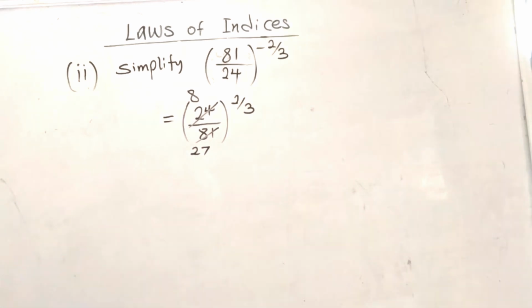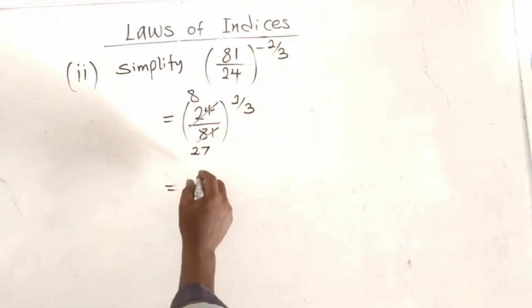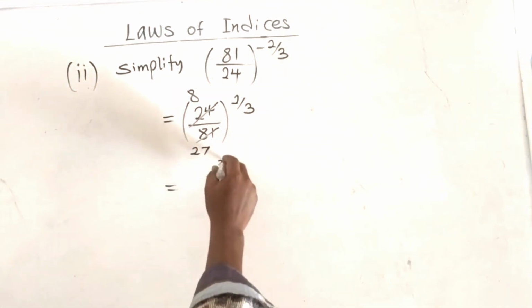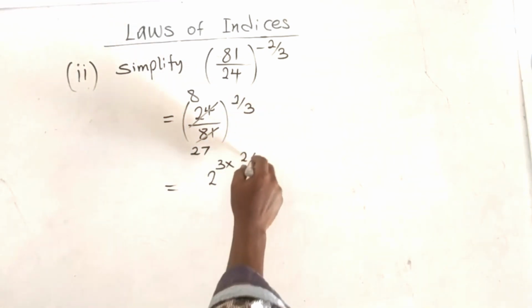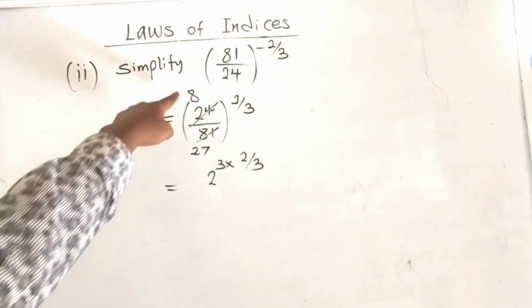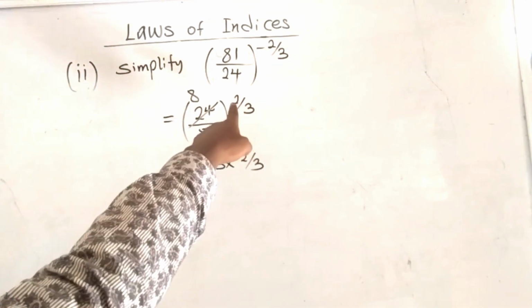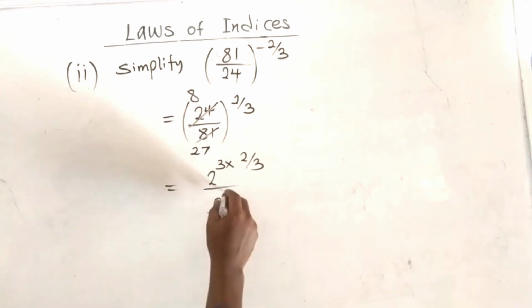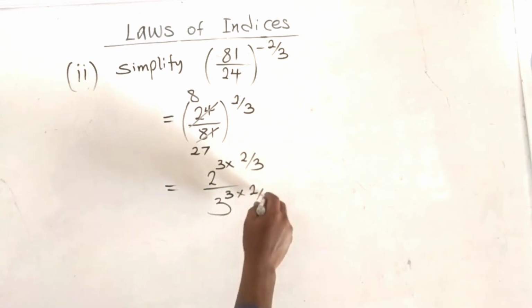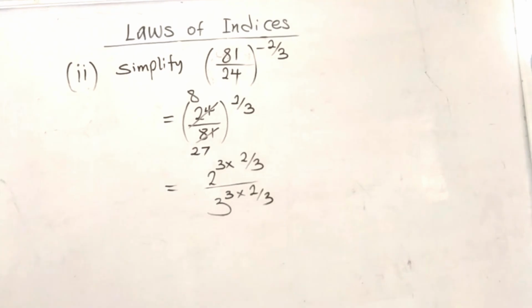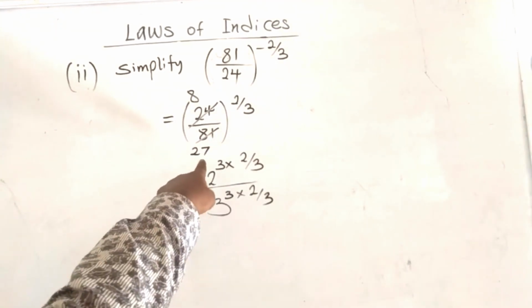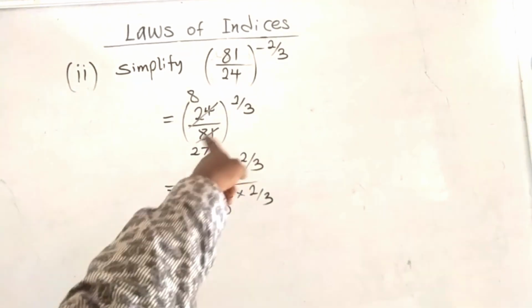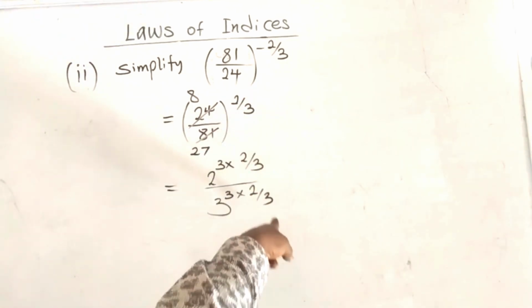What are we saying? We've turned our 8 to 2 raised to the power 3, multiplied by 2 over 3. Also, we change our 27 to 3 raised to the power 3, times the power, which is 2 over 3.